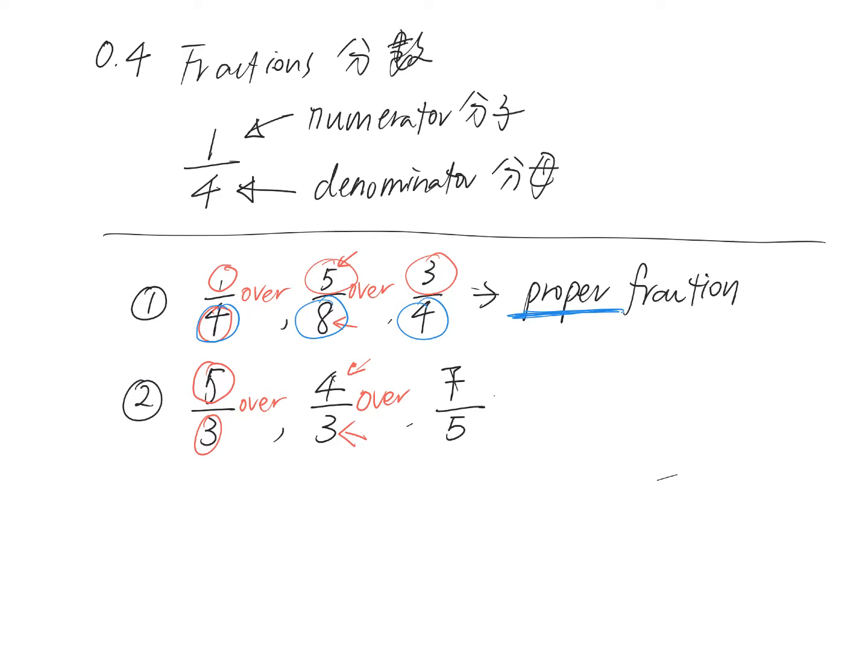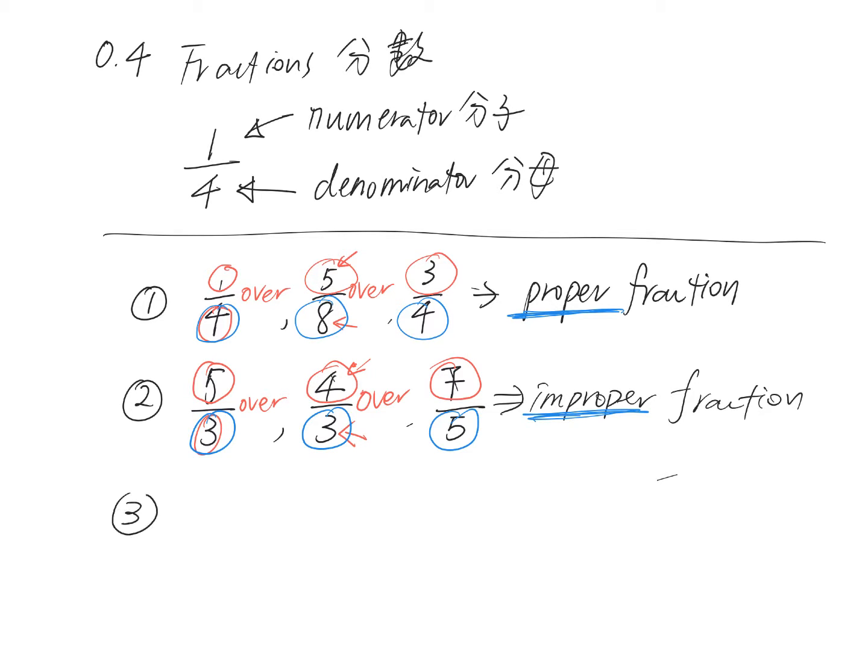For these three frictions, we call them the improper frictions. This is the type of frictions with their numerator all greater than the denominator. We call them improper frictions.